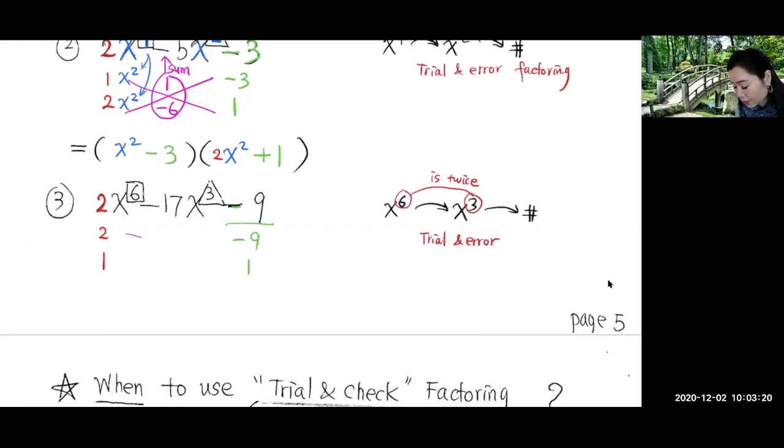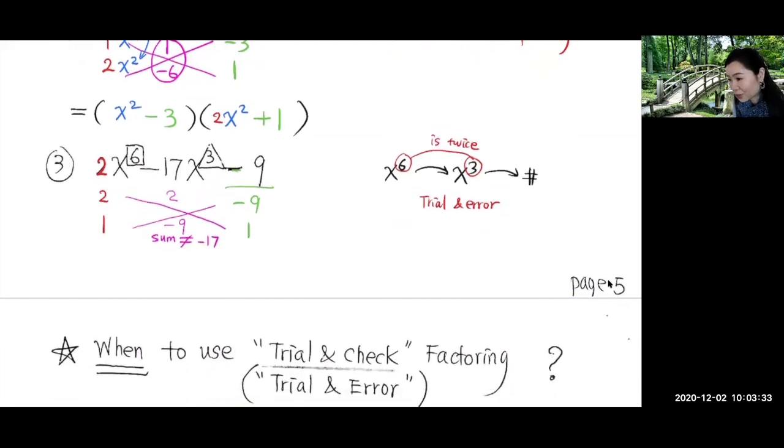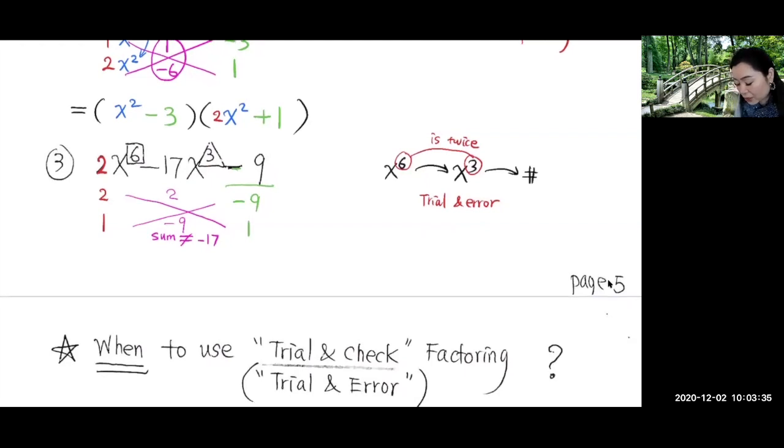So this will be 2. This will be -9. In this case, the sum is not equal to -17. But we can fix it, right? We can try a different way. So you can try 2 times 1, and this time we can switch the order. So we can try 1 times -9.